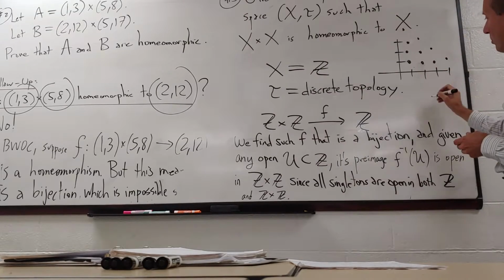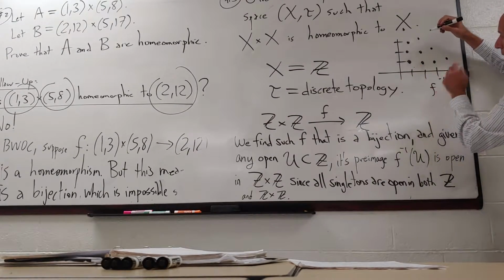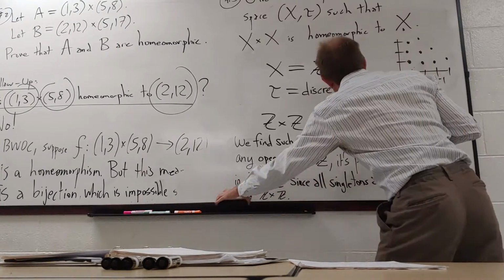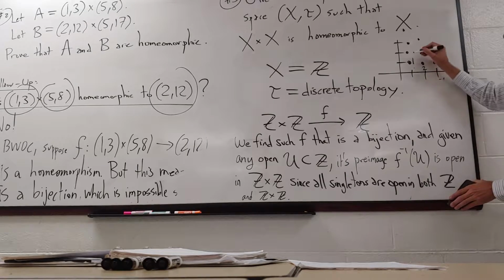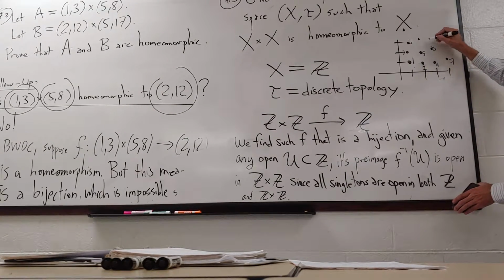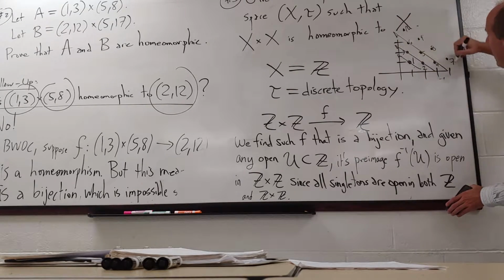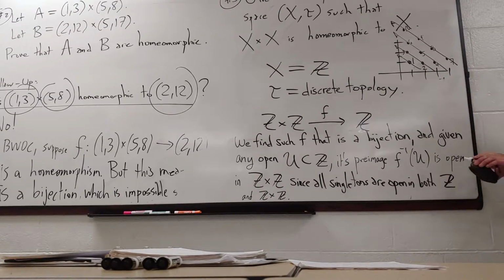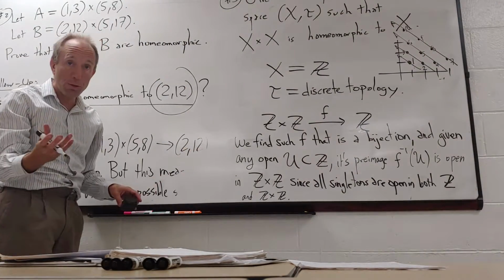I normally would define the function the other way, but I can define it this way. So f of (1,1) would be 1, and then 2 and 3 like that, and then 4, 5, 6 like that, and so on. This is a classic argument for how to make a bijection from a set to that set crossed with itself, in the case of a countable set.